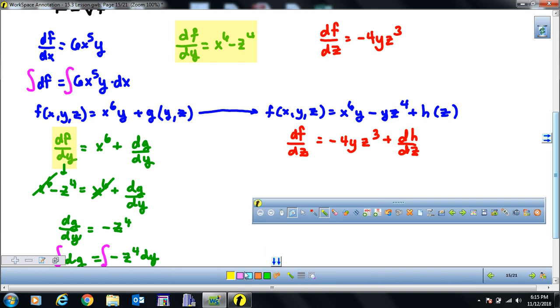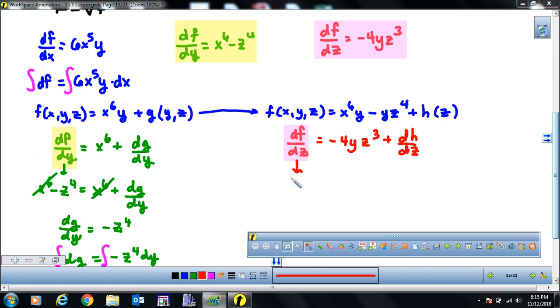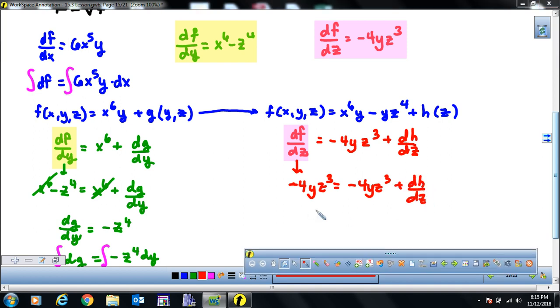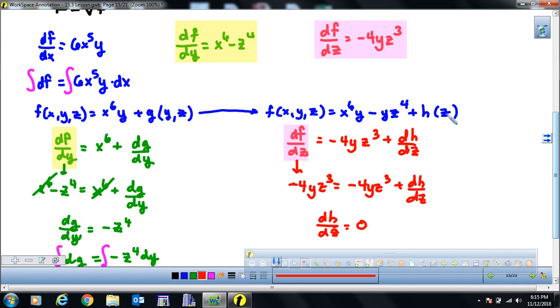And we know that df over dz equals this, so we're going to replace it in here. So we're left with negative 4yz to the 3rd equals negative 4yz to the 3rd plus dh over dz, which means that dh with respect to z equals 0. So h of z does not depend on z. That means that it is just a constant c.